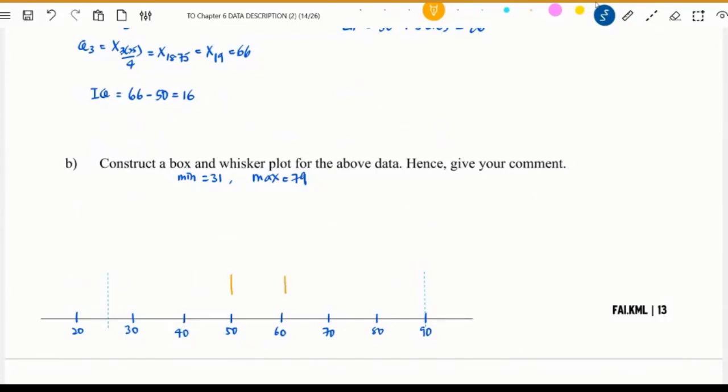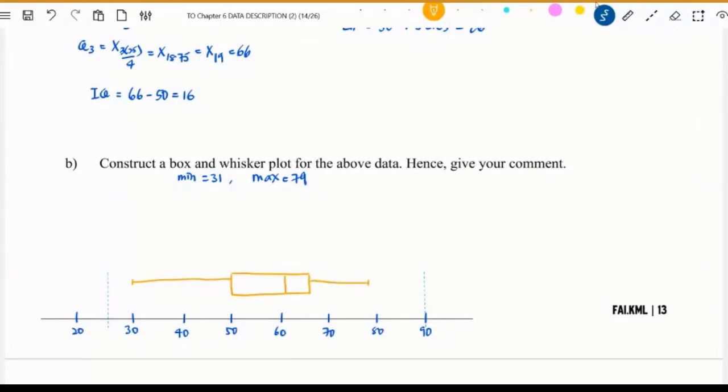And then Q3, which is 66, which is more than half. So you combine everything as a box. Now we're gonna combine with the minimum value, which is 31. And then maximum, which is 79, maybe somewhere around here. Okay, so we have done plotting.